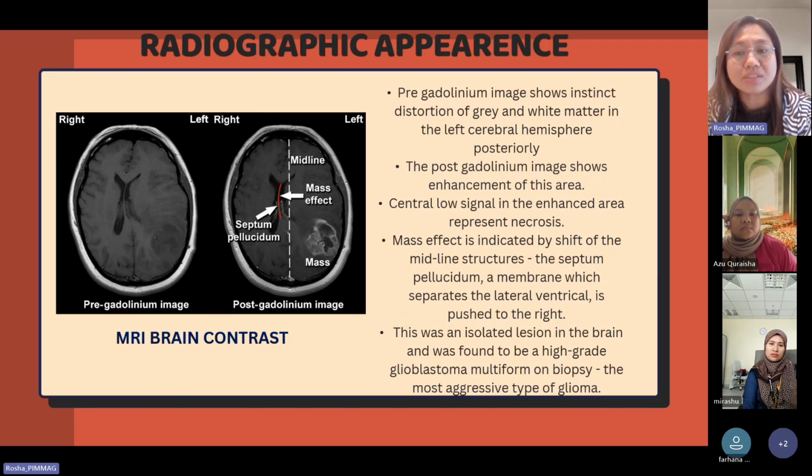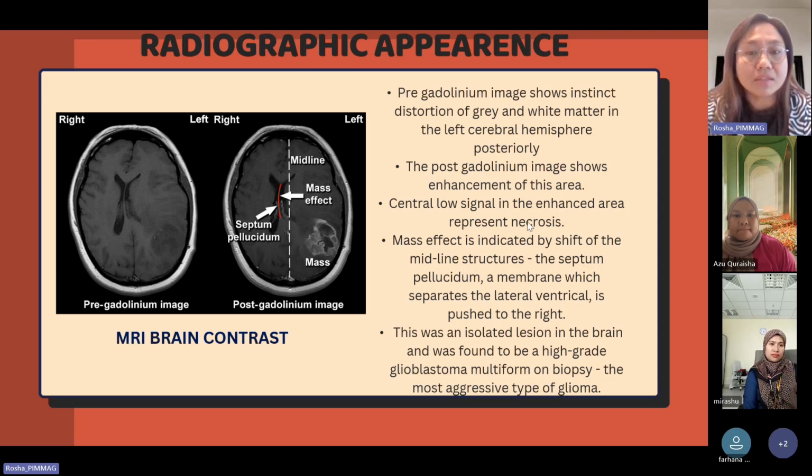A central low signal in the enhanced area represents necrosis. A mass effect is indicated by shift of the midline structure. The septum pellucidum, a membrane which separates the lateral ventricles, is pushed to the right. This was an isolated lesion in the brain and was found to be a high-grade glioblastoma multiforme on biopsy.